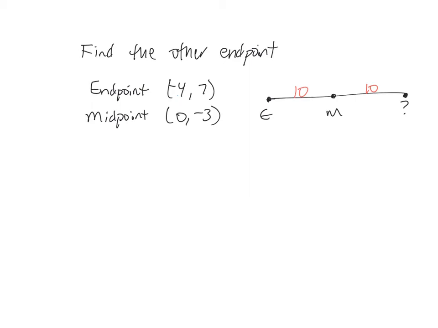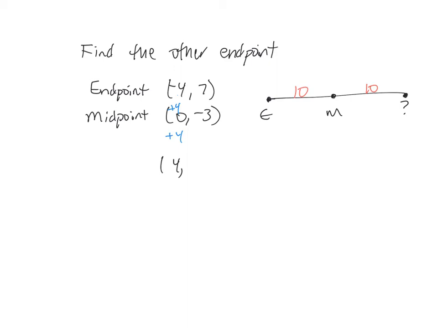Does it go up 4 or down 4? Well, it goes up 4. -4 plus 4 is 0, so go 4 more. What's 0 plus 4? 4. So the x part of the other endpoint is going to be +4.